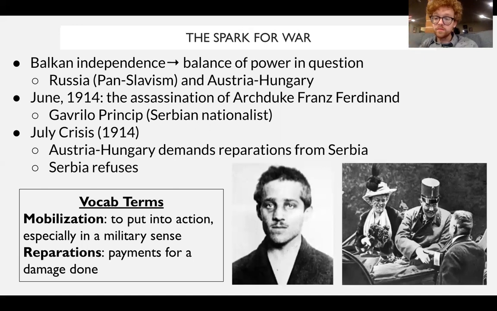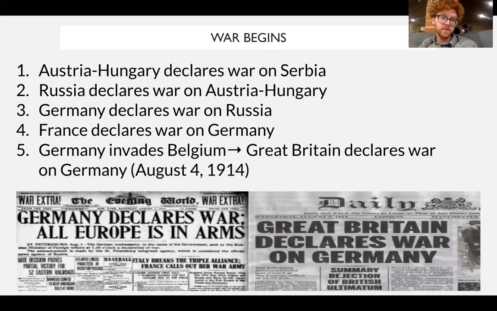And Serbia, not wanting to be bossed around by the Austrians, but also knowing that Russia backs them up no matter what they do, refuses. So how is Austria going to defend its national honor? It's going to declare war on Serbia.